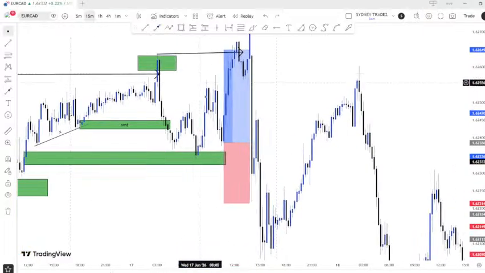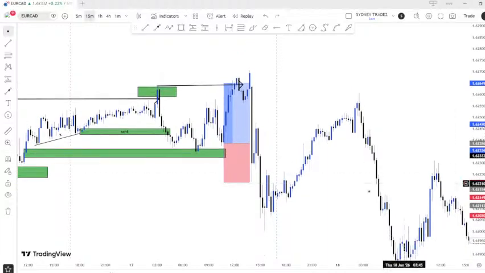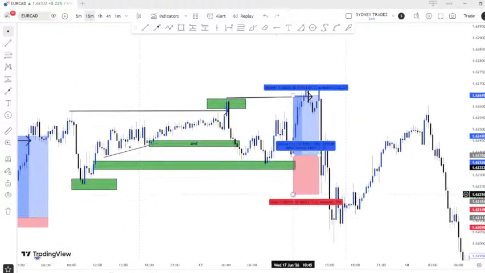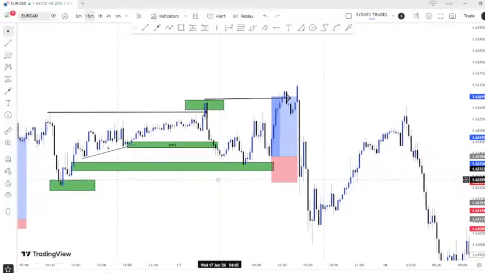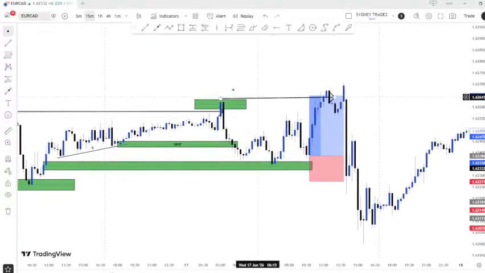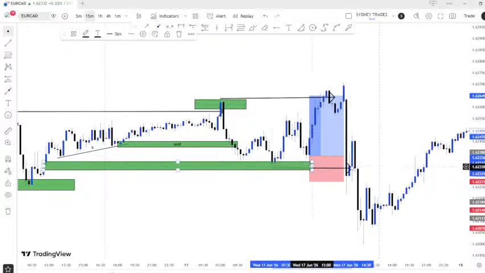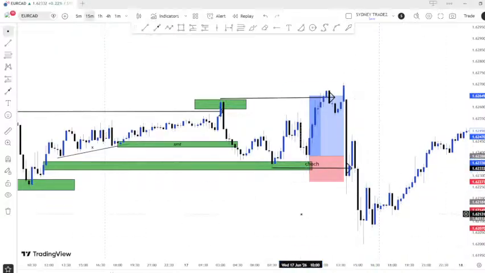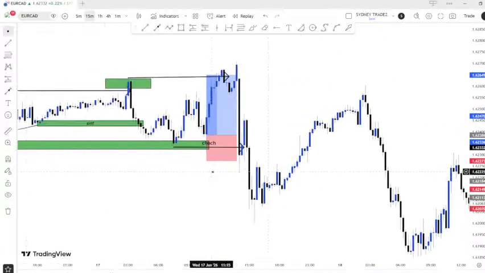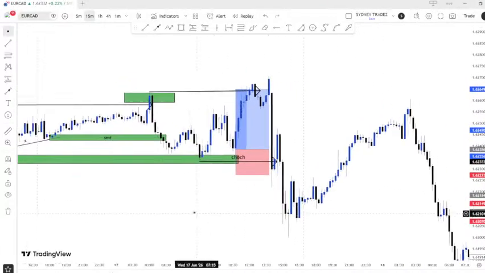Guys, trading is very simple. Don't stress yourself with strategies that will keep you stressed all the time, with indicators running from one indicator to another. Then here we see a market shift. Price was starting to go to the downside, which we can call a change of character, and price started breaking structures to the downside.